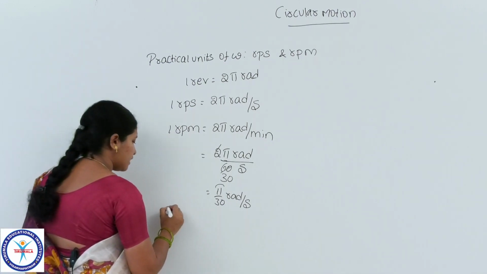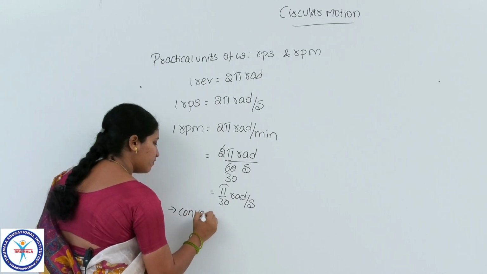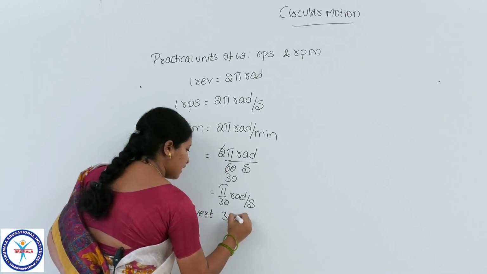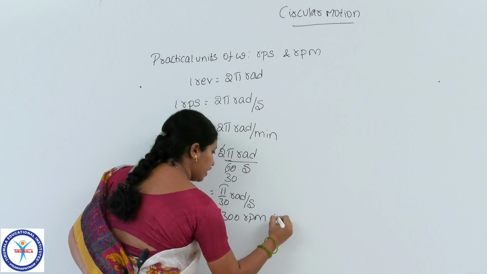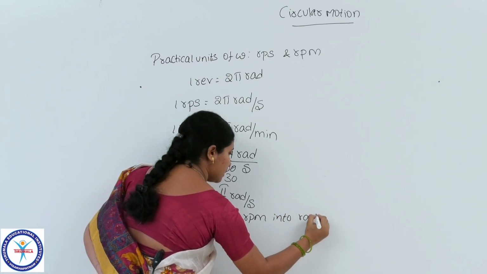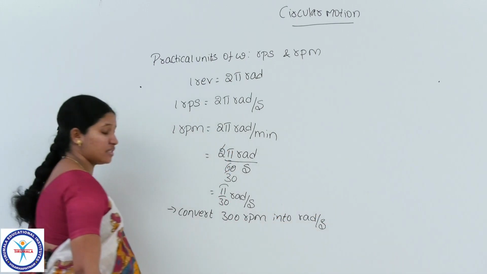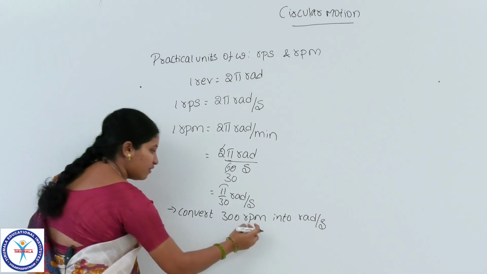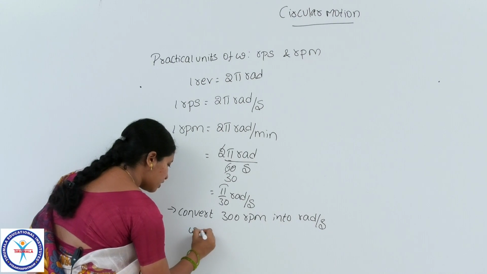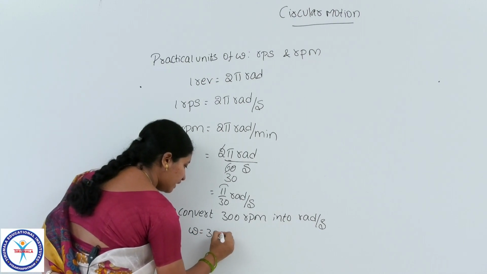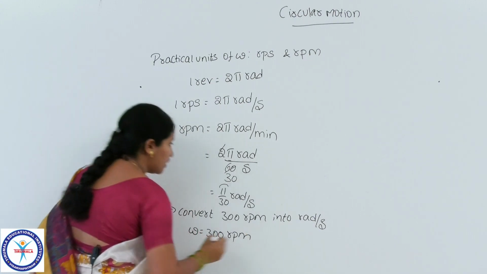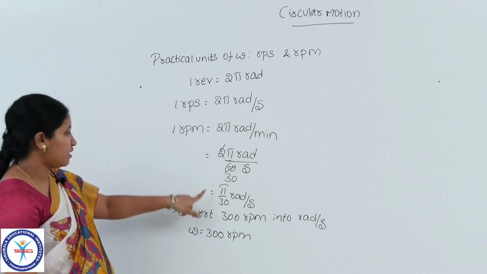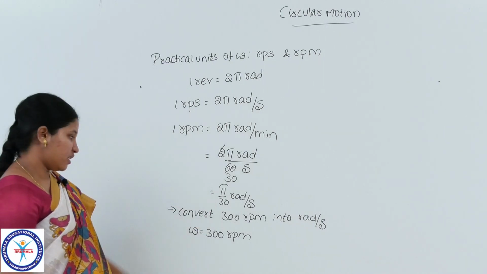So let us do one problem. Convert 300 rpm into radians by second. If a conversion like this is given, what do we have to do? What is the given data? Angular velocity omega equal to 300 rpm. Look here, 1 rpm is equal to pi by 30 radians by second.